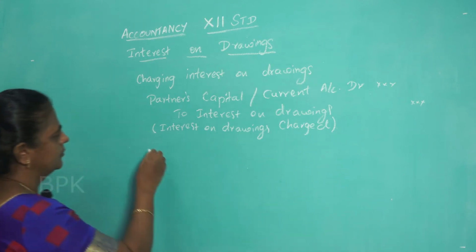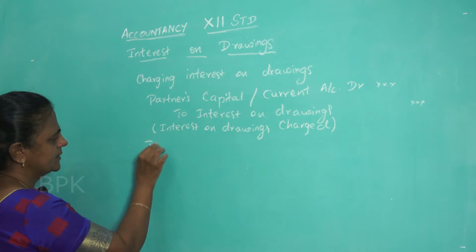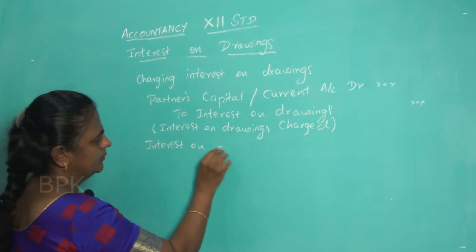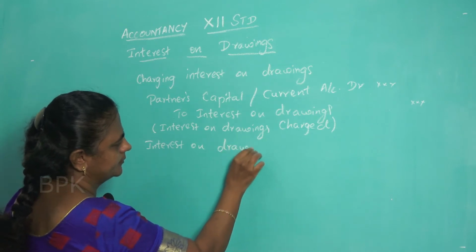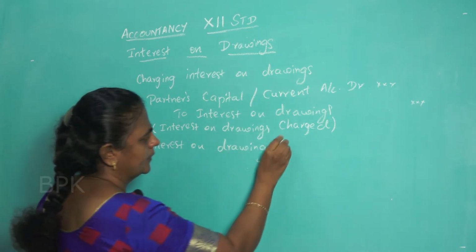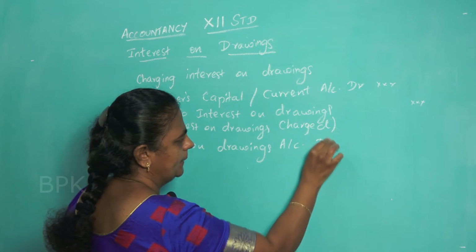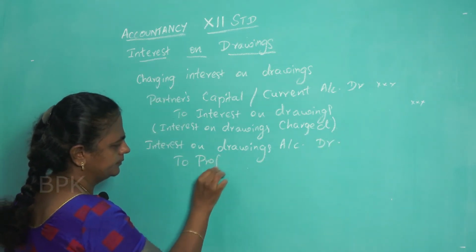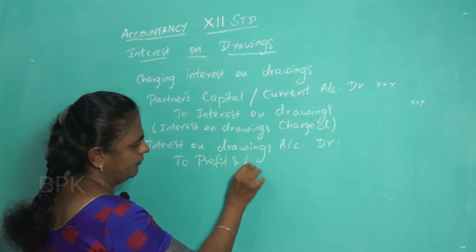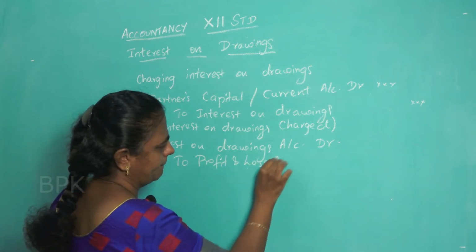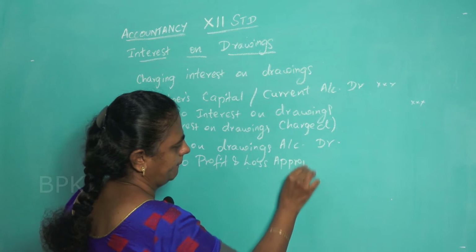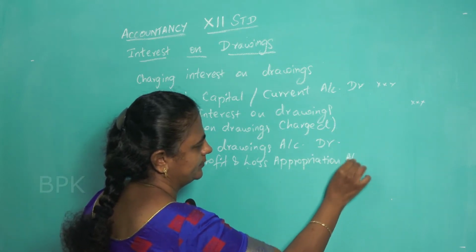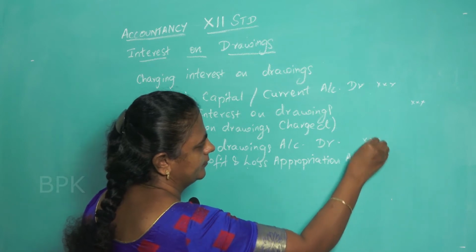So, you have to write like this: interest on drawings account debit to profit and loss appropriation account.